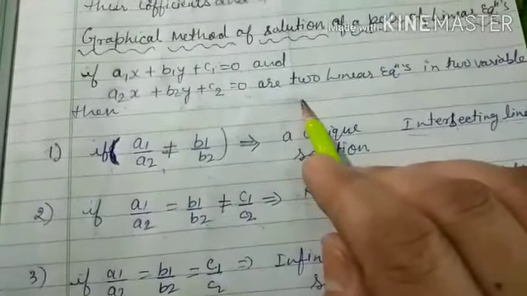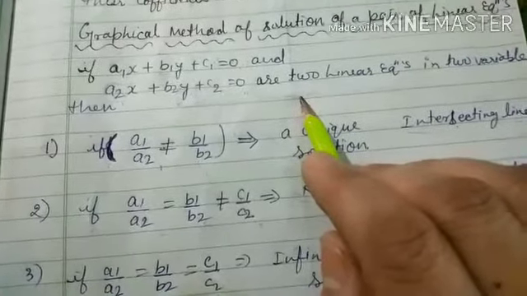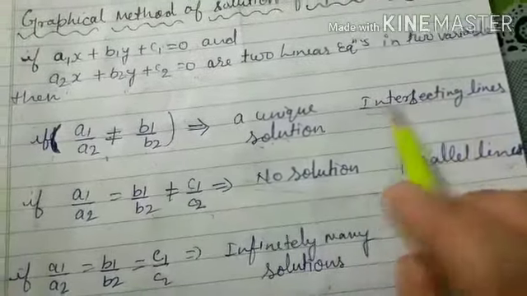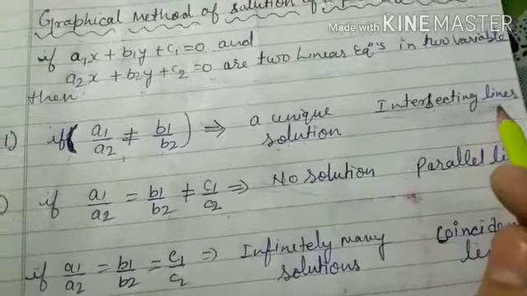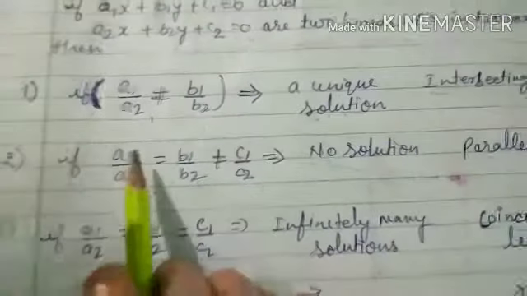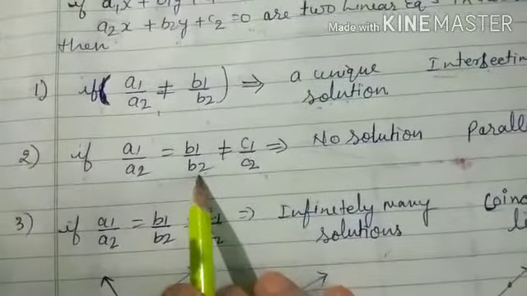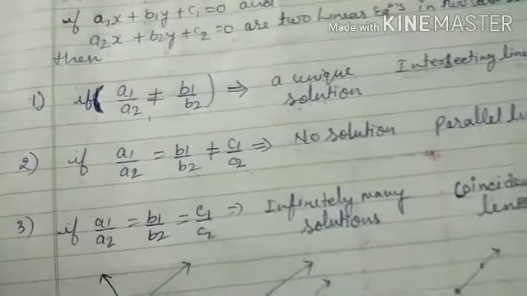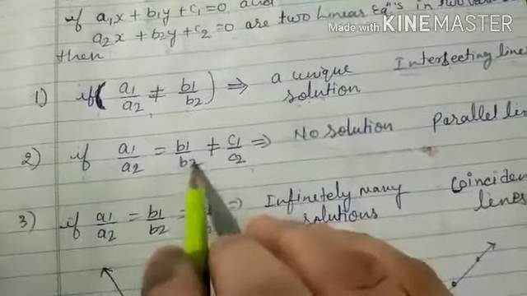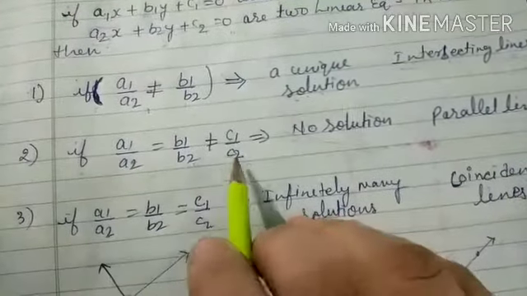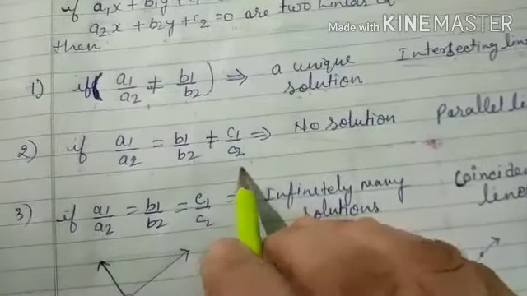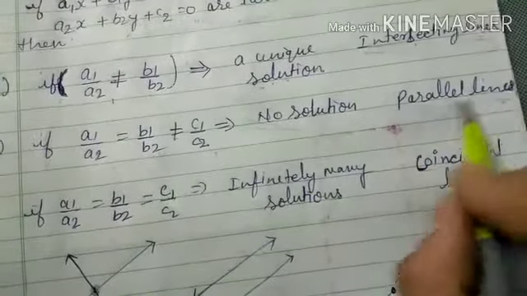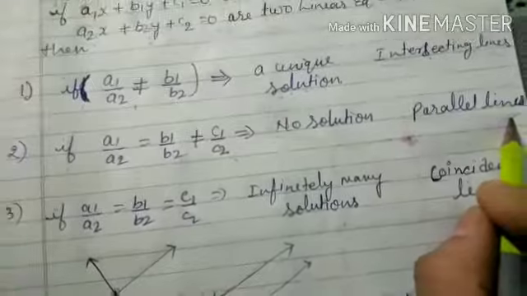When we plot these equations on the graph, we have two lines which intersect each other. Second condition: if a1/a2 is equal to b1/b2 is not equal to c1/c2, there will be no solution. If the first two ratios are equal but not equal to the third ratio, c1/c2, there will be no solution and the graphical representation will be both lines parallel.